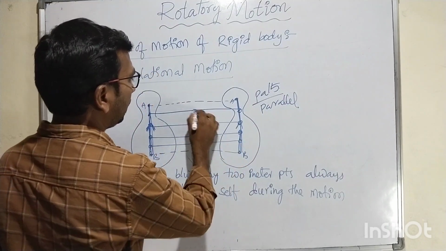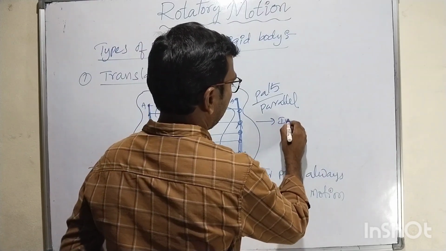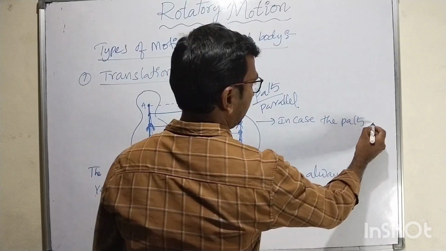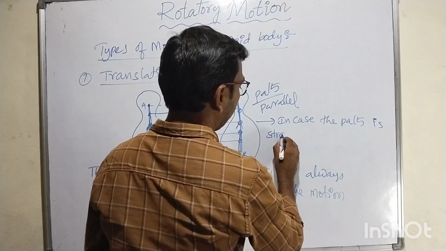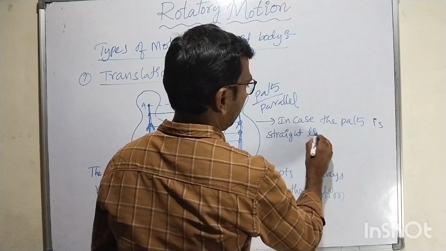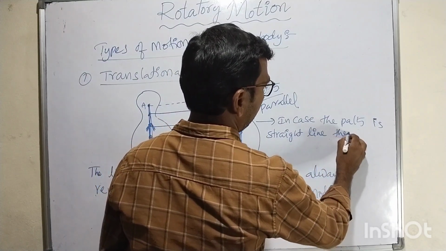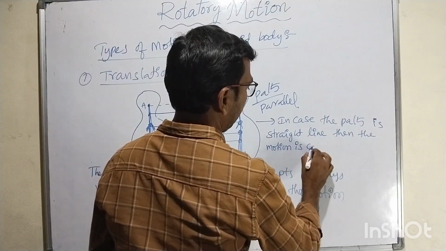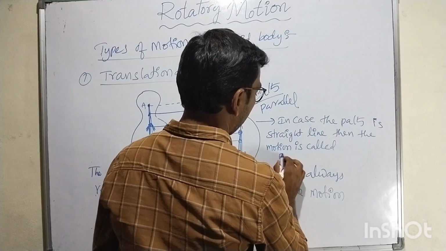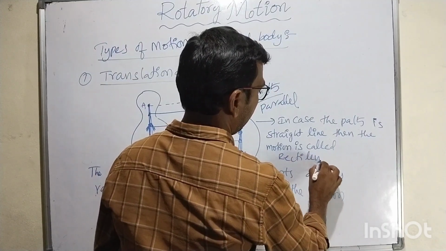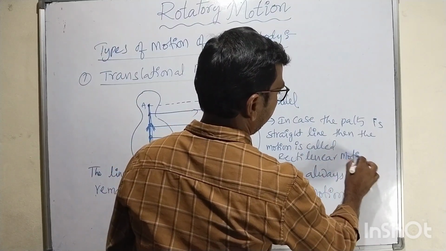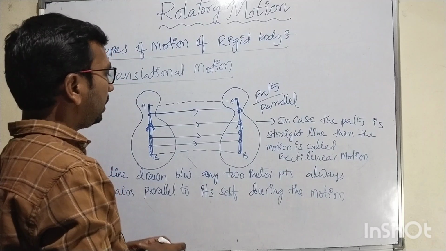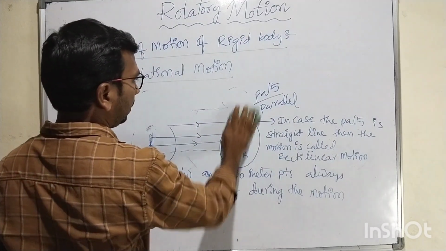In case the path is a straight line, then the motion is called rectilinear motion.